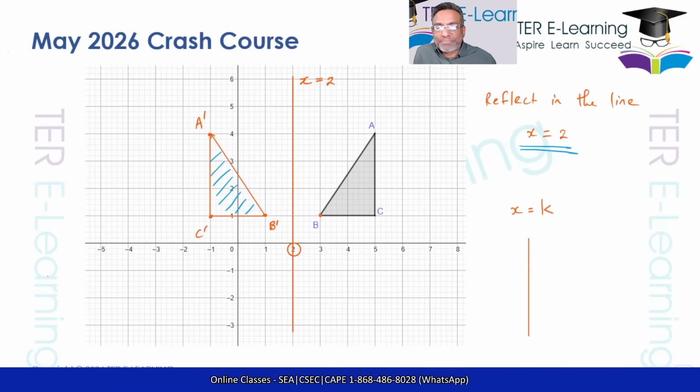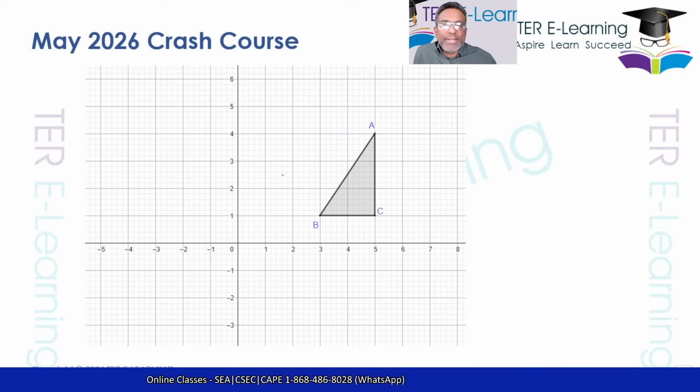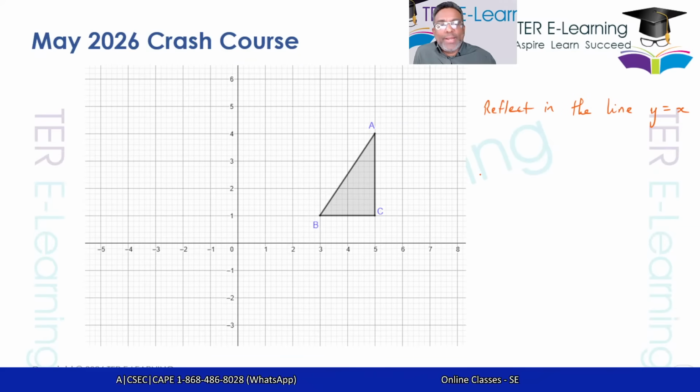Let's say I had this triangle here. One of the things that CSEC can ask me to do is to reflect in the line y is equal to x. Now, when it comes to lines, you all need to know certain lines for the exam.